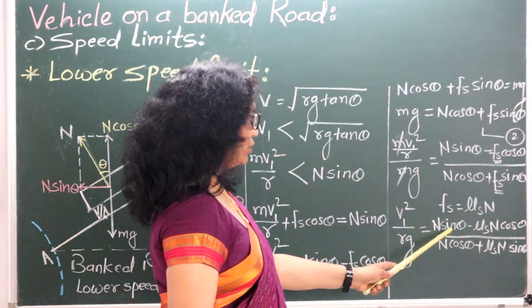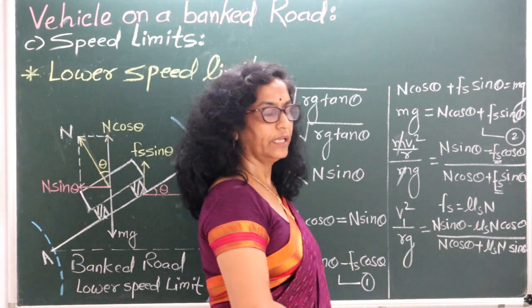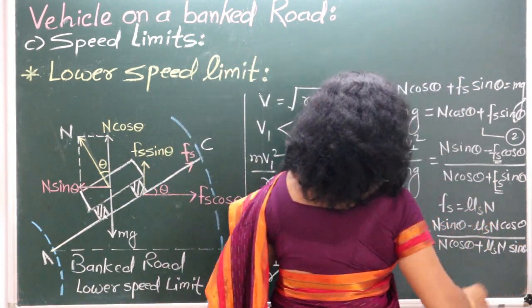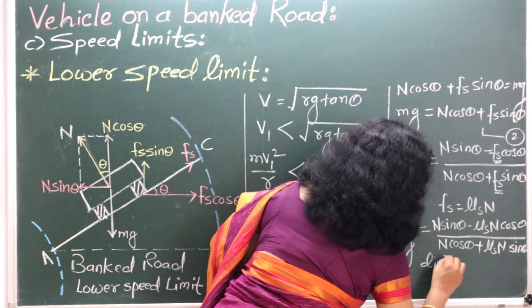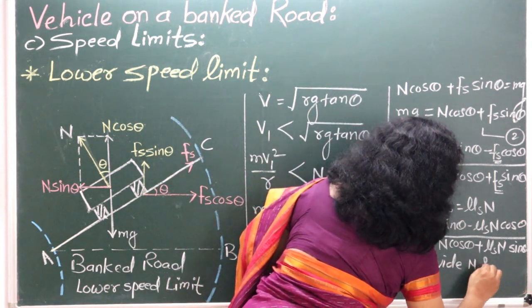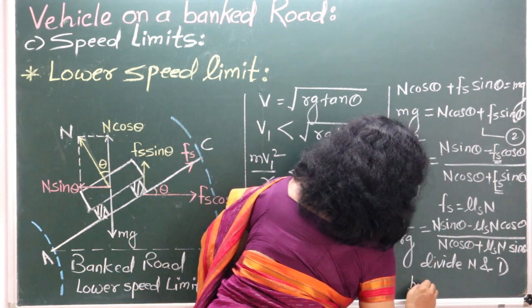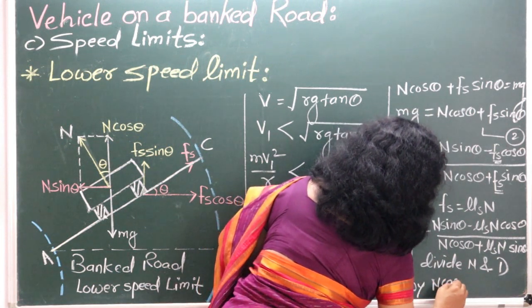Now divide numerator and denominator by n cos of theta.